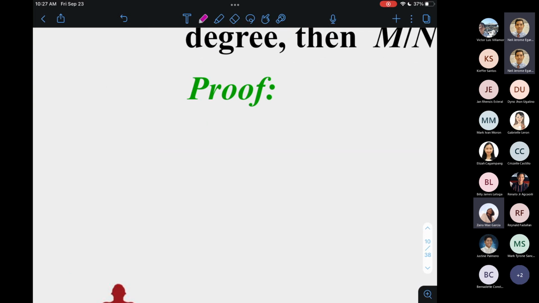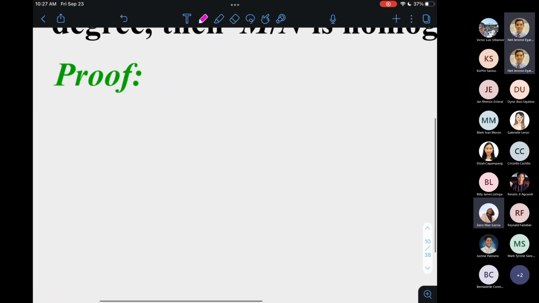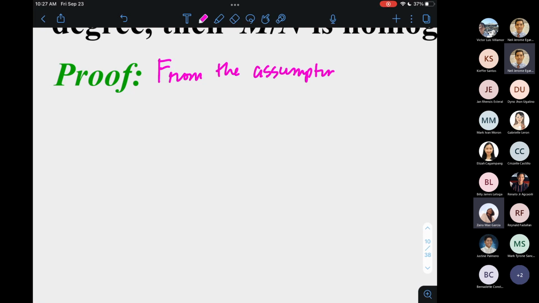So let's write the proof. So maybe we can say from the assumption, so there will exist a natural number n such that homogeneous of degree n si m at saka si n. Anong ibig sabihin ng pagiging homogeneous nila?